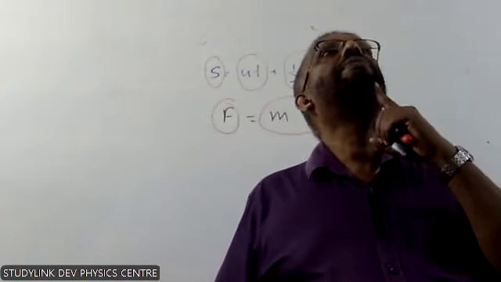Then only one equal sign, then only two. This has how many terms? One term, two terms, three terms. 1, 2. Then V equals U plus at, another one. How many terms are there? 3. Why? Separated by equal sign and plus.